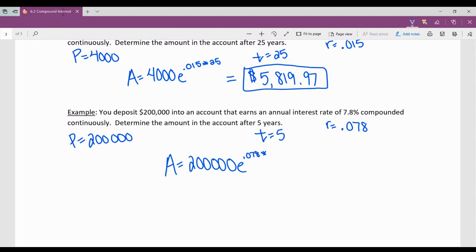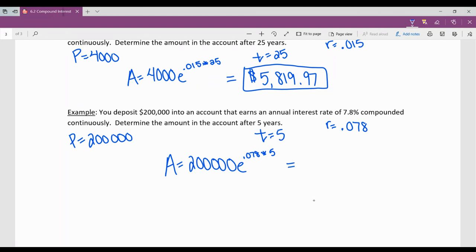0.078 times 5. Okay, so we're going to go ahead and take our calculators, and we're going to do second ln to bring up that E. 0.078 times 5. And then we multiply that by 200,000. Make sure you have the right number of zeros. It's a lot of zeros in there.